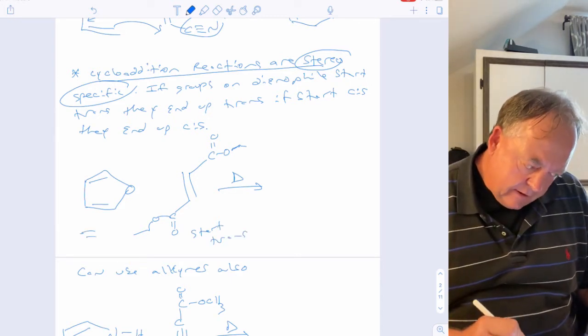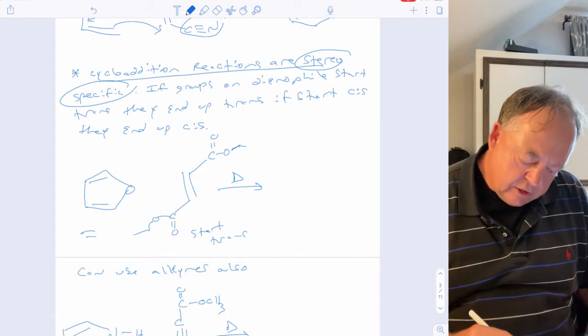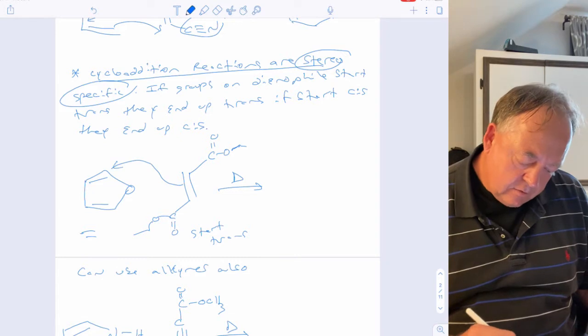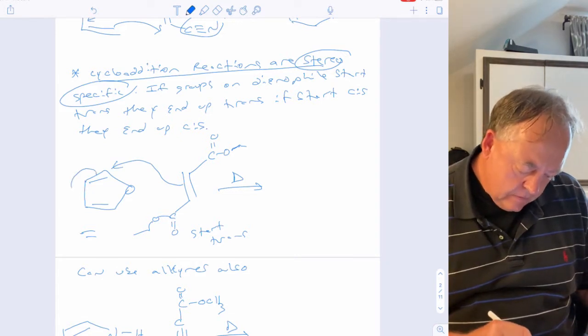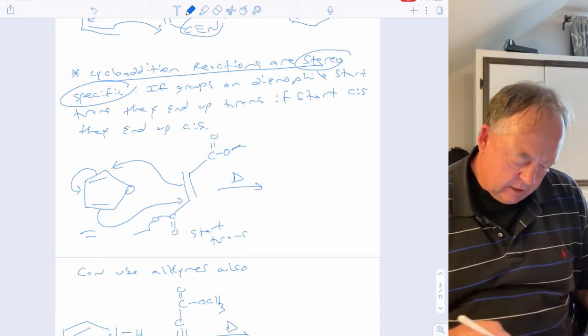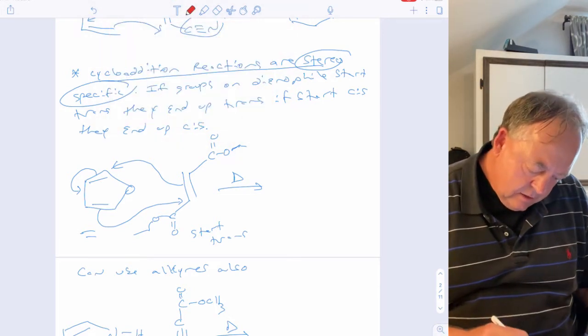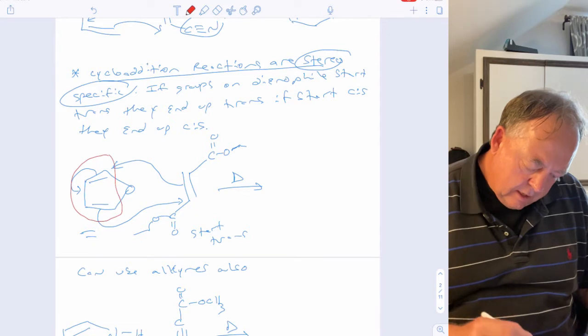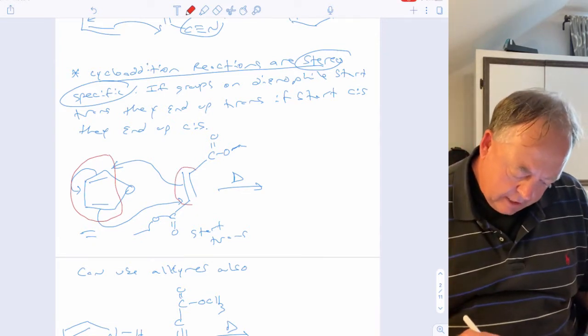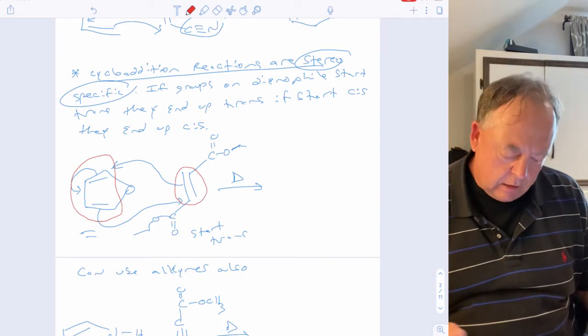Here your diene is more complex. The oxygen is not participating. But these electrons go there, those electrons go there, these electrons go there. Again, it's always the diene, and whatever's attached to the diene is just tagging along, and then it's always the alkene, and whatever's attached to the alkene is just tagging along.